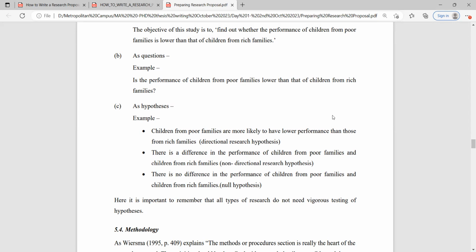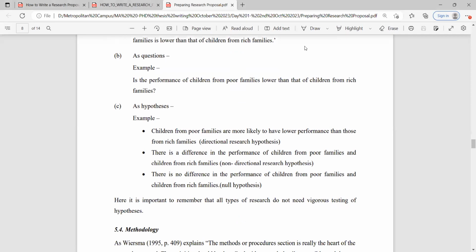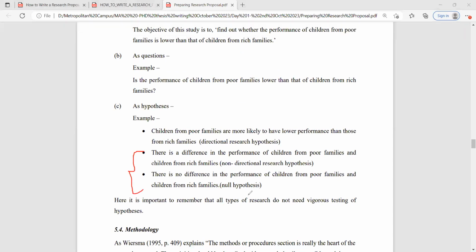Now we know when we write the hypothesis, there are two hypotheses, the alternative hypothesis and the null hypothesis. So this is how we take the alternative and the null hypothesis. Always remember, when we use the word null, it means no. So you take it as no difference, no connection.